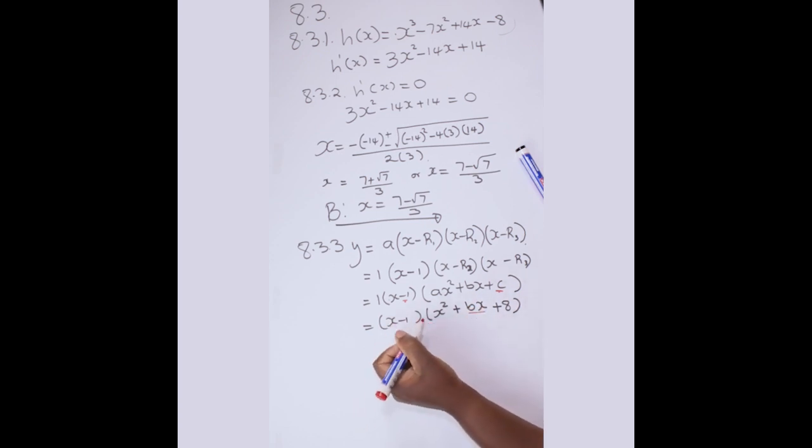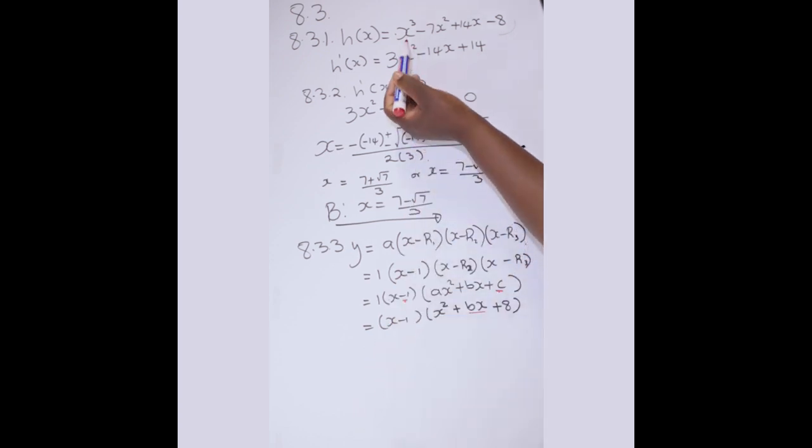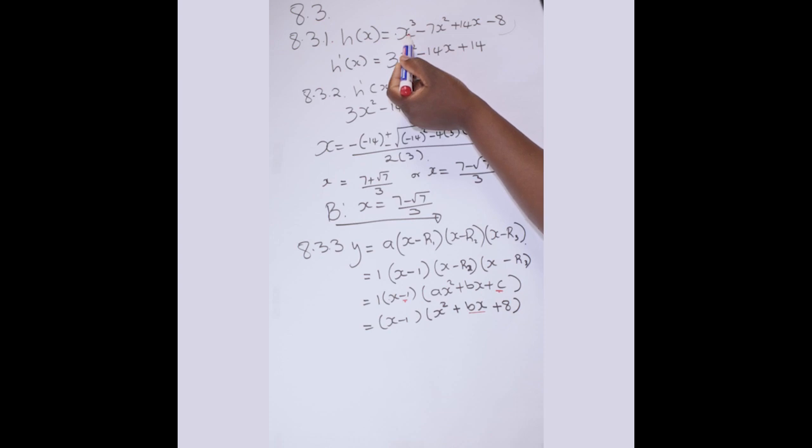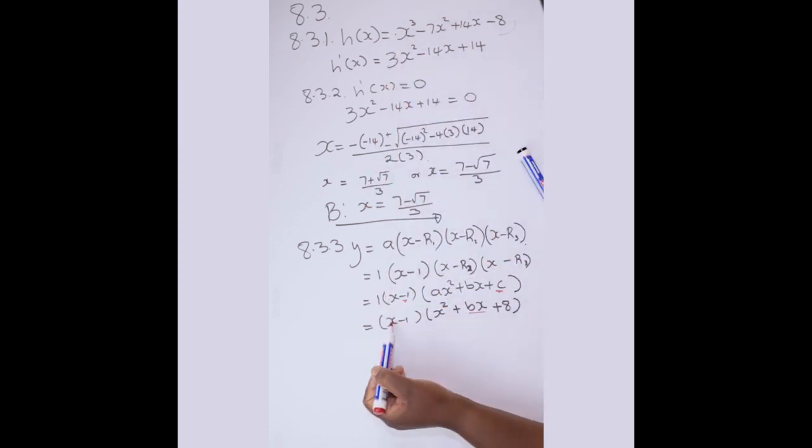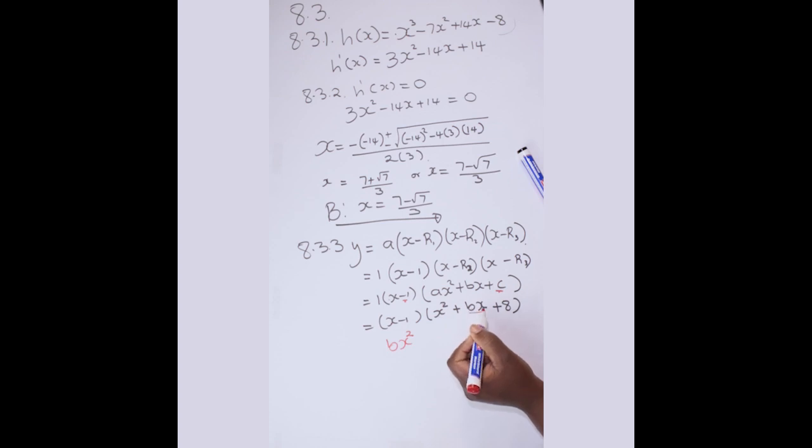If I say x multiplied by x squared, I will get x cubed from h of x. If I say x multiplied by bx, I was supposed to have bx squared.